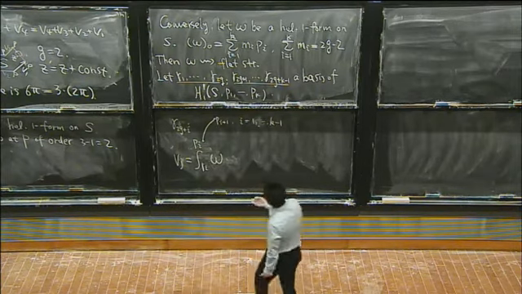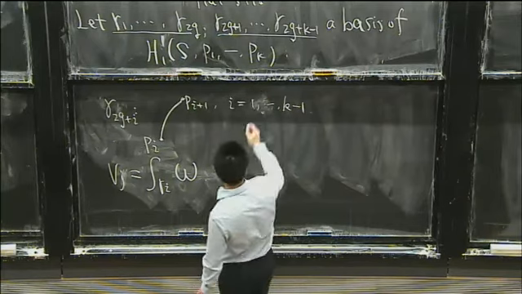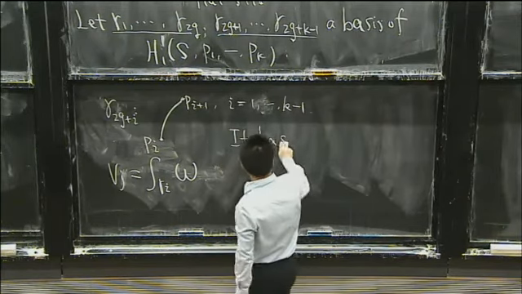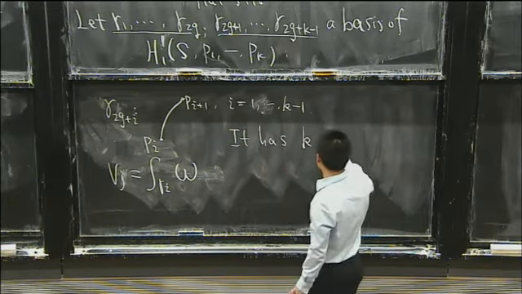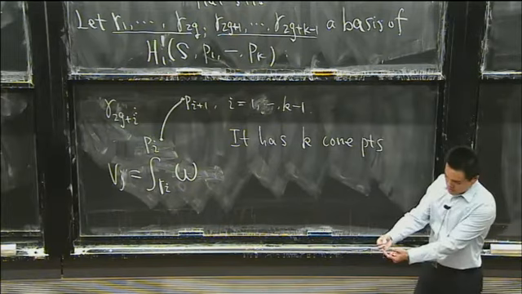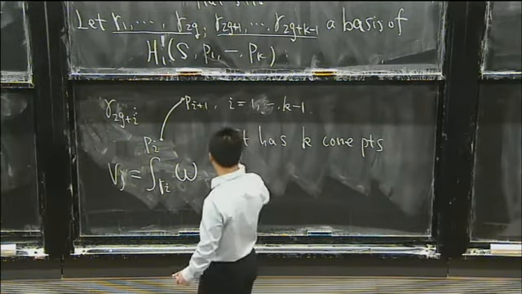So how about these zeros of omega? You can check that this flat structure, just as in that picture, has exactly k cone points, where the total angle is not 2 pi, but a multiple of 2 pi, at those zeros P1 up to Pk.